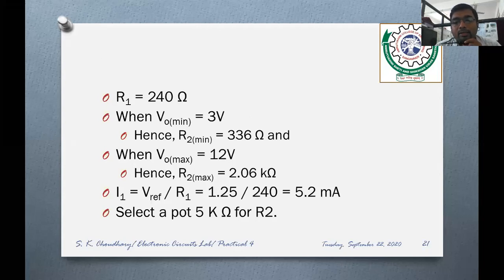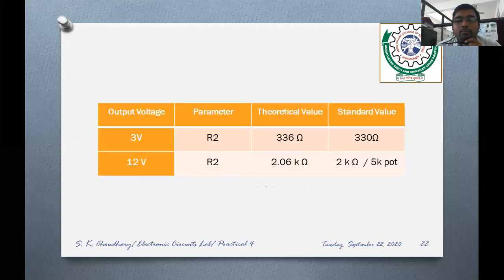Actually, the 336 ohm resistor is not available practically. We have to select 330 ohm, and for the 2.06 kilo ohm we have to select a 2K resistor, or you can use a 5K pot.